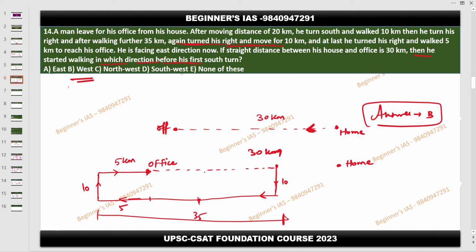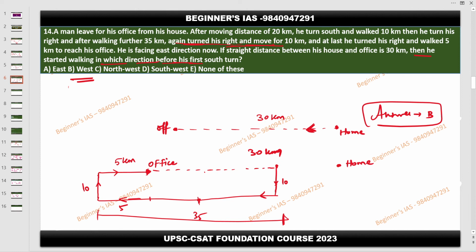Or else, it is given that after moving the distance of 20 kilometers, he turns south and walked 10 kilometers. Then he turns right.